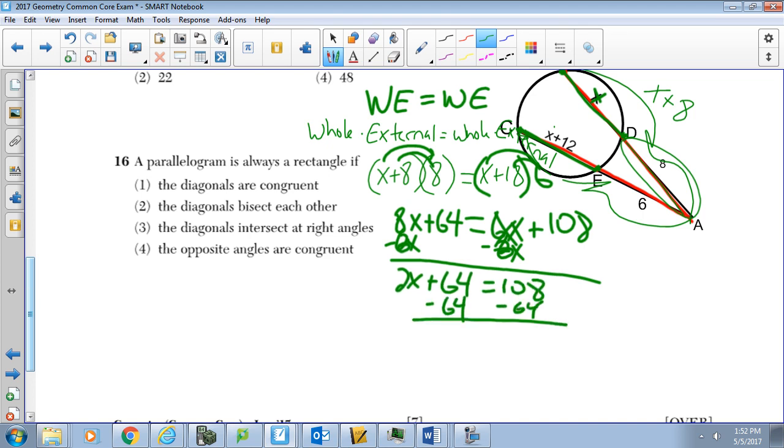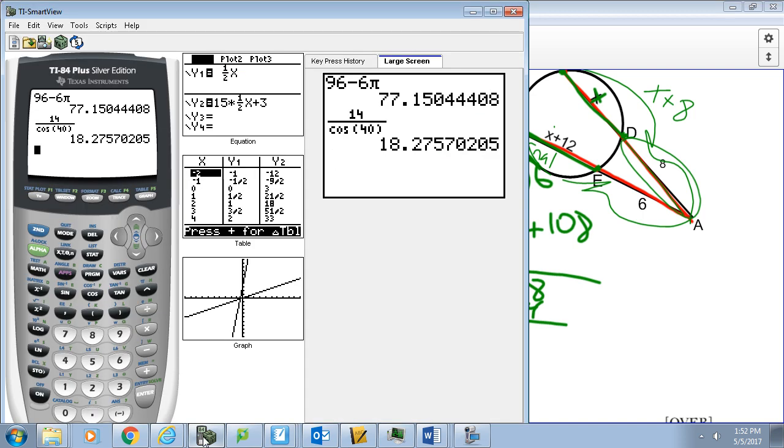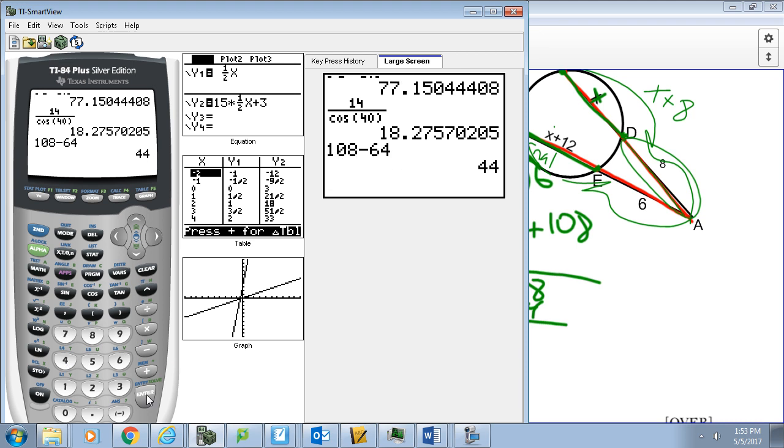Take away 64, and you have 2x is equal to, what's 108 minus 64? That is 36, 44, yeah, it looks like 44. I'll just use the calculator just so I don't make any mistakes. 108 minus 64 is 44.